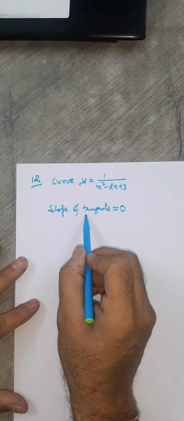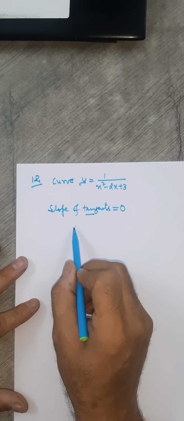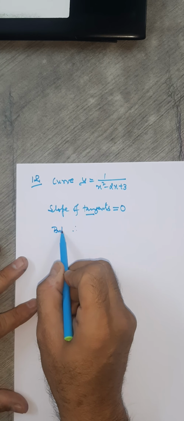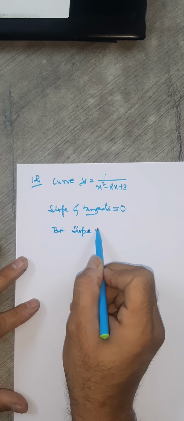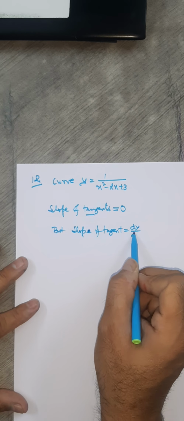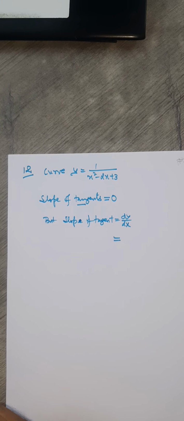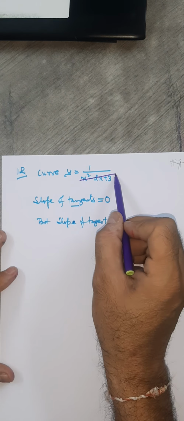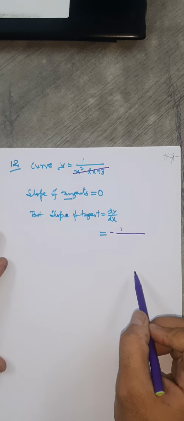Now you know the slope of the tangent is always dy by dx. So get the dy by dx. How do we get this? You imagine this is x. What's the derivative of 1 upon x? Minus 1 upon x squared.